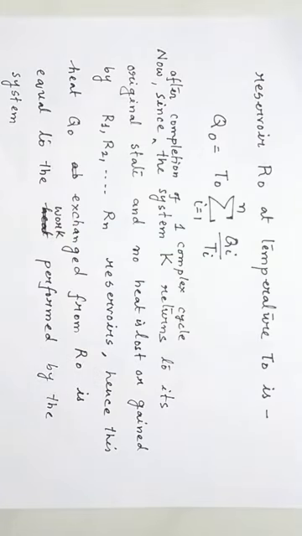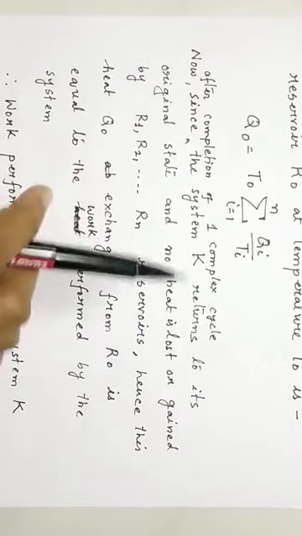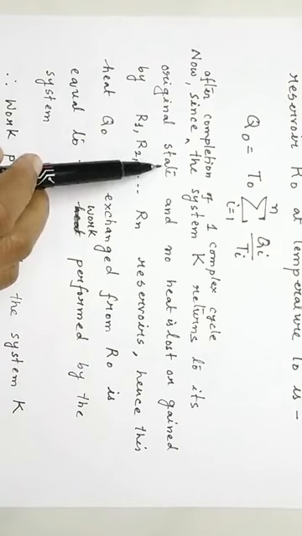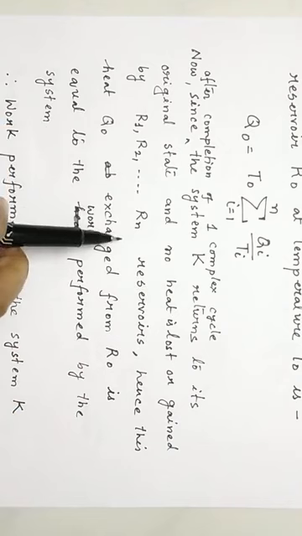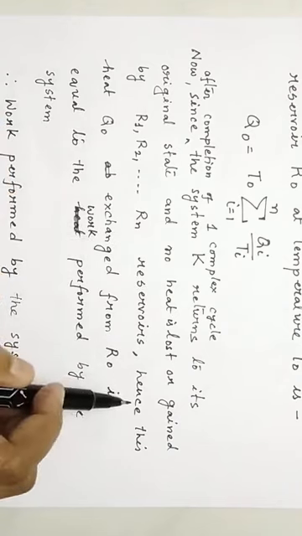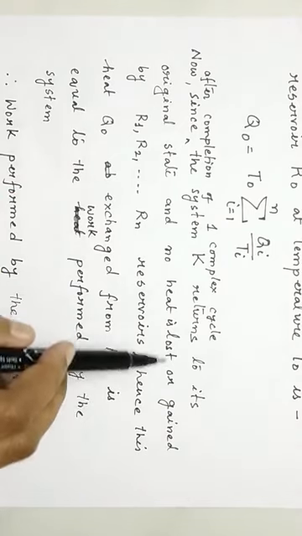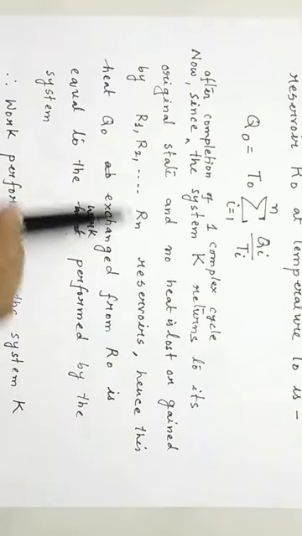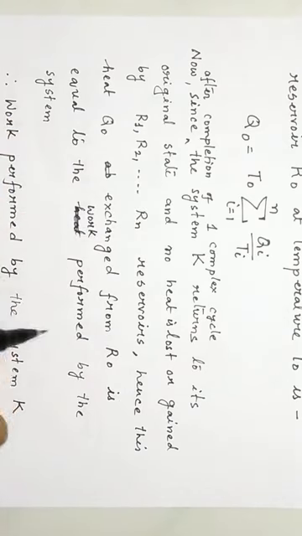Now we have already stated that after completion of one complex cycle, the system K returns to its original state, right? And no heat is lost or gained by the individual reservoirs, that is the individual n reservoirs. No heat lost or gained means the net exchange of heat for these Ri reservoirs is 0.